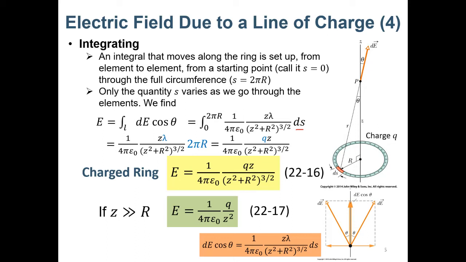And as you know, this is a constant with respect to s, so integrating this is very trivial. So we have this one multiplied by 2 pi R minus 0, which is 2 pi R.